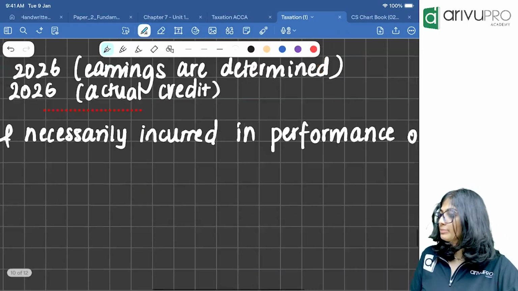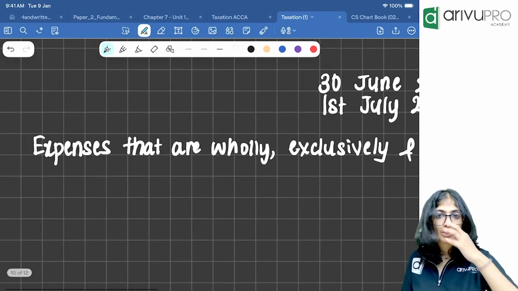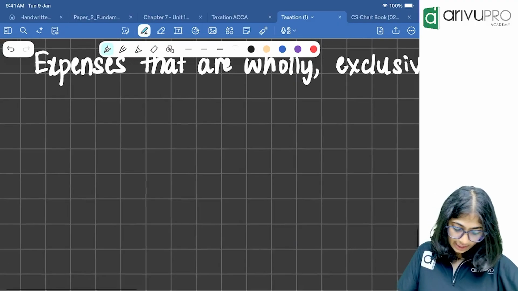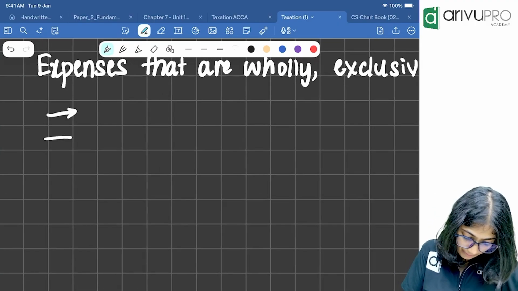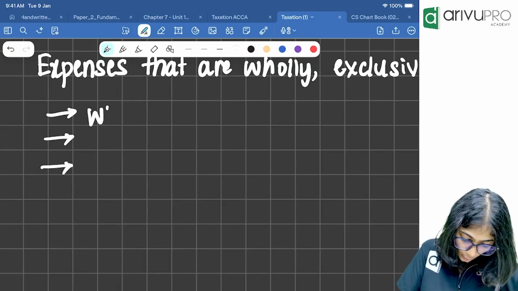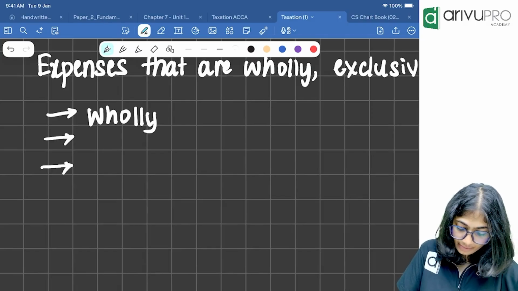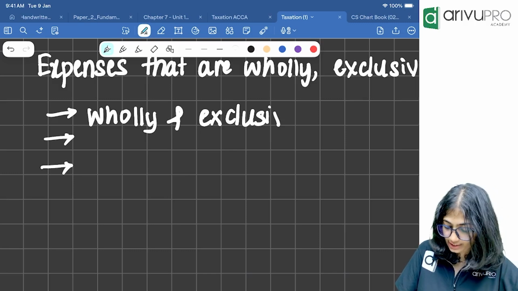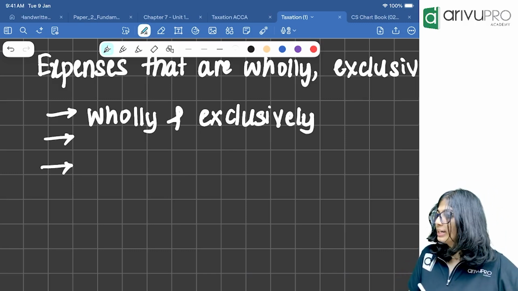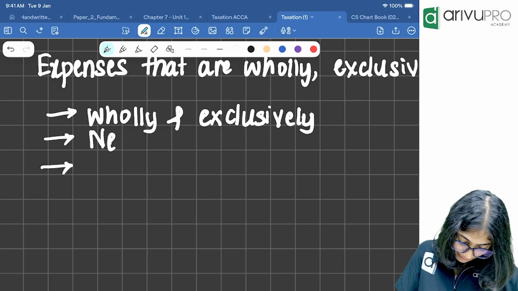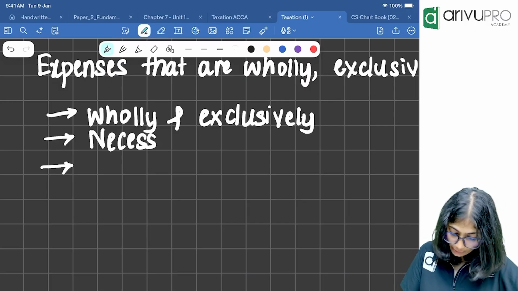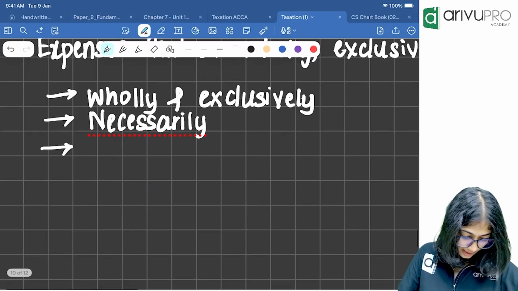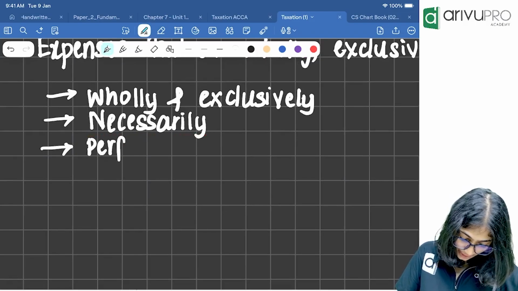This is the key aspect of what makes that particular expense an allowable deduction for taxation purposes. Now, there are three elements you need to remember. First is wholly and exclusively. It is part of the definition itself. The second point is necessarily. This is one point. Lastly, performance of duties.